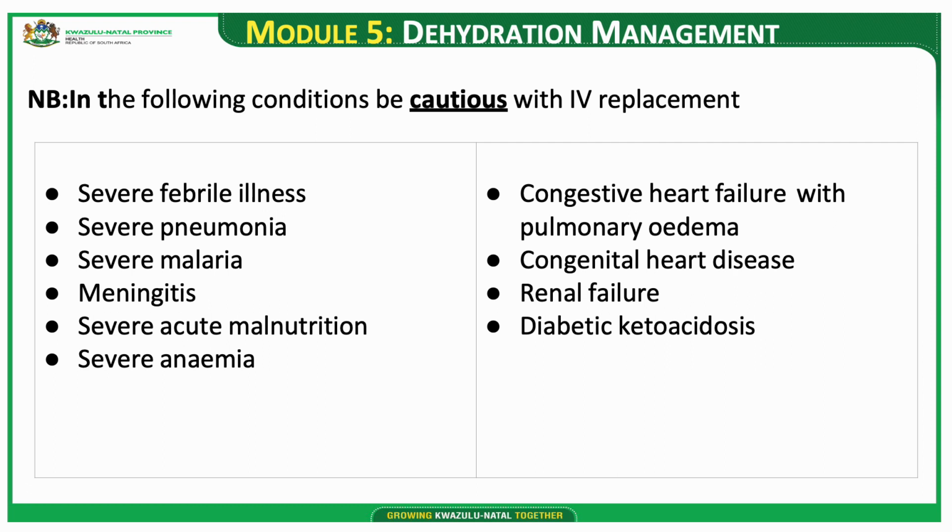All of these children are prone to fluid overload, either because they're already fluid overloaded, such as the ones on the right-hand side, or because their hearts or their myocardium may be under strain and therefore will not be able to tolerate increased or excess IV fluid.